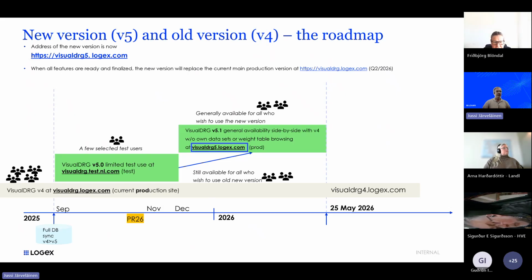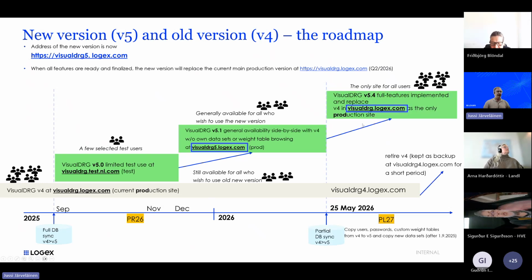Version 5.4 is the version that includes all the functions equally with version 4. And now it will be replaced late May, on the 25th, and as I said, visualdrg4.logex.com will be side by side for a short transition period for you to use.